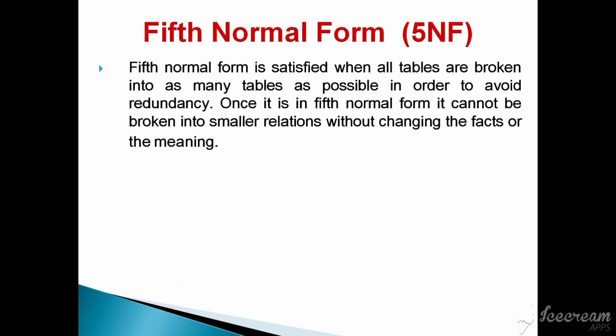Now fifth normal form. A relation is in fifth normal form if it is in fourth normal form and does not contain any join dependency. Fifth normal form is satisfied when all the tables are broken into as many tables as possible in order to avoid redundancy.